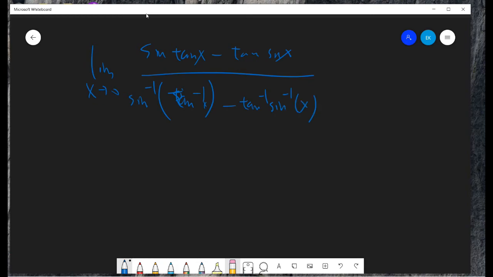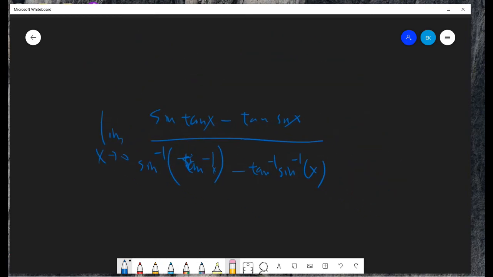Okay, so let me write the limit again. So basically we have sine tangent sine x and tangent inverse sine inverse minus tangent inverse sine inverse x. Okay, so the answer is yes.